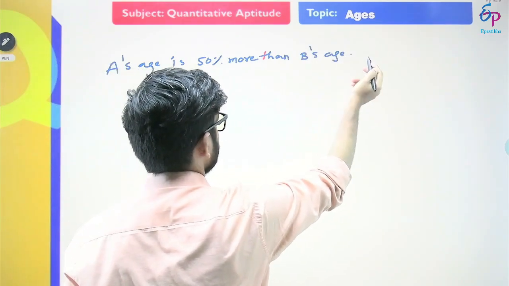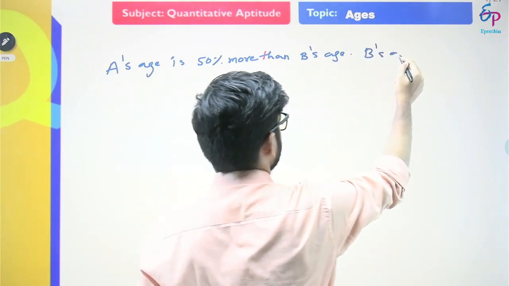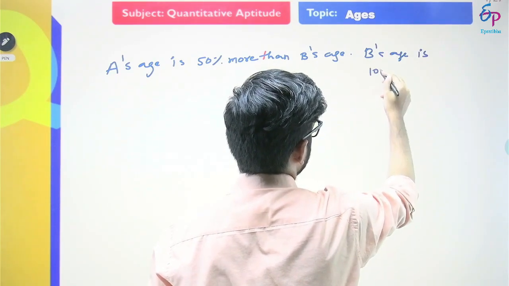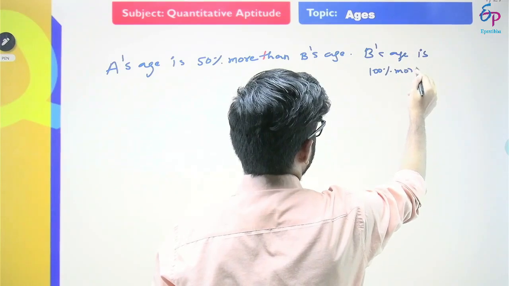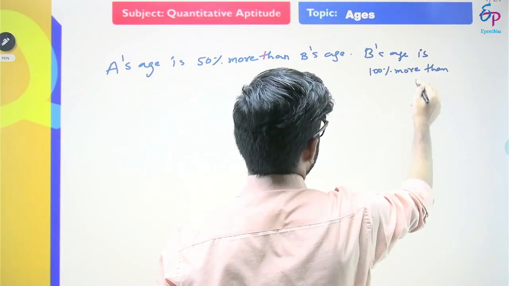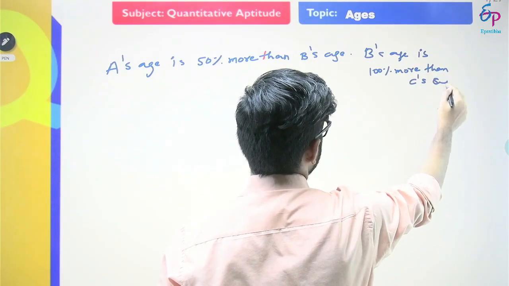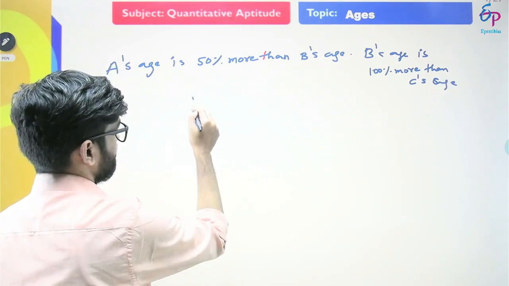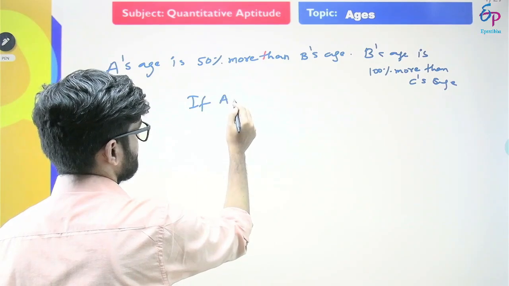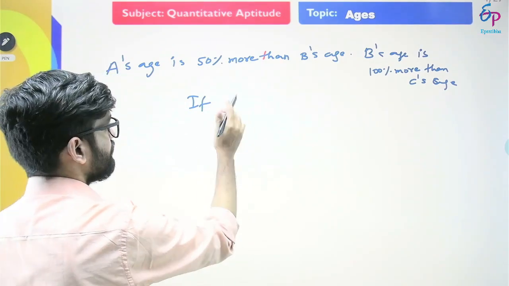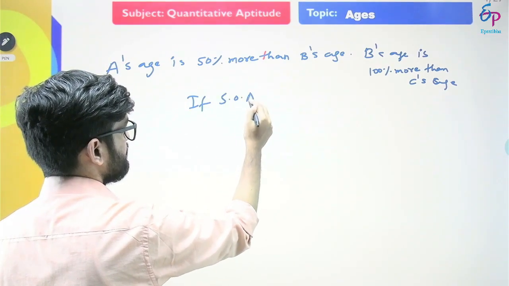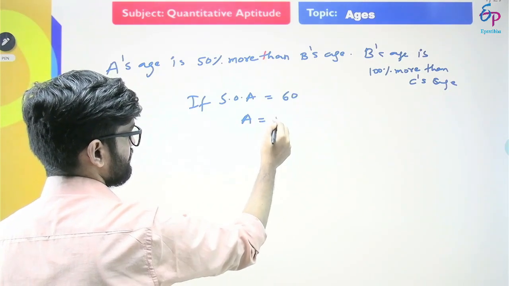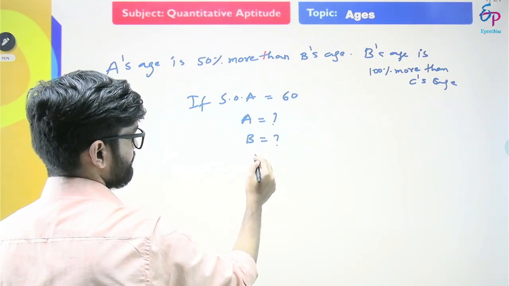B's age is, let's say, 100% more than C's age. If the sum of their ages is equal to, let's say, 60, what is A's age, B's age and C's age?